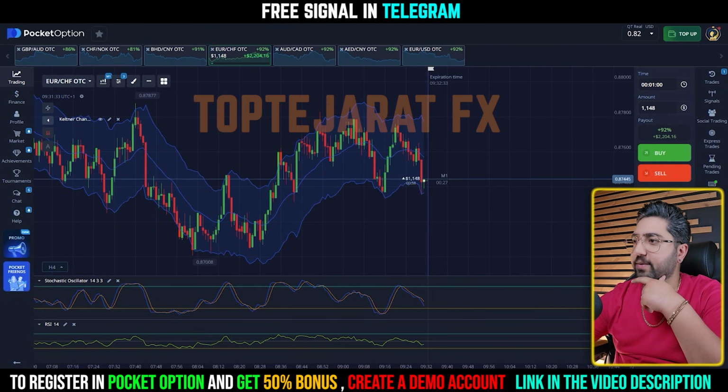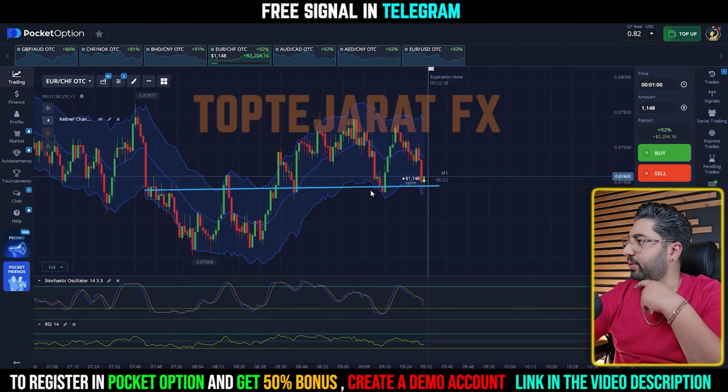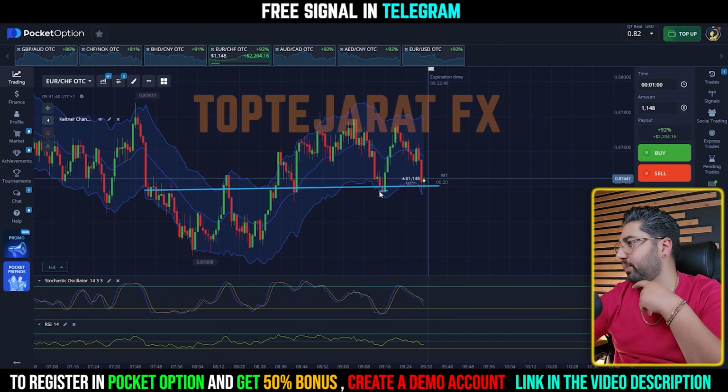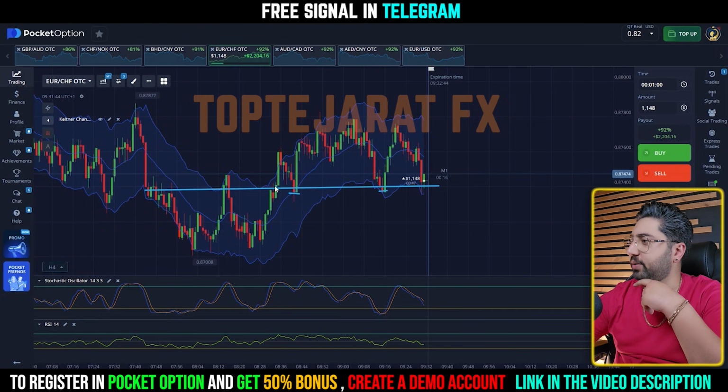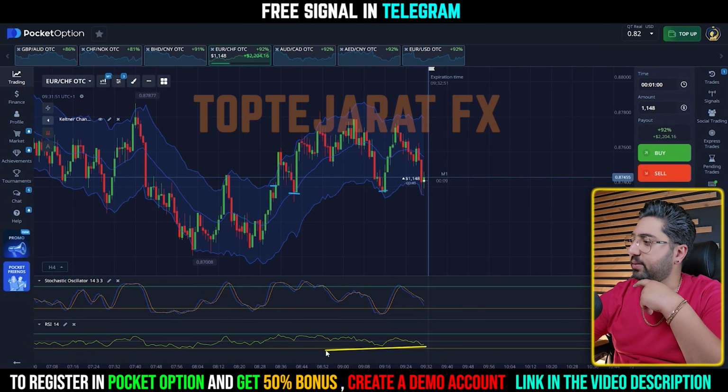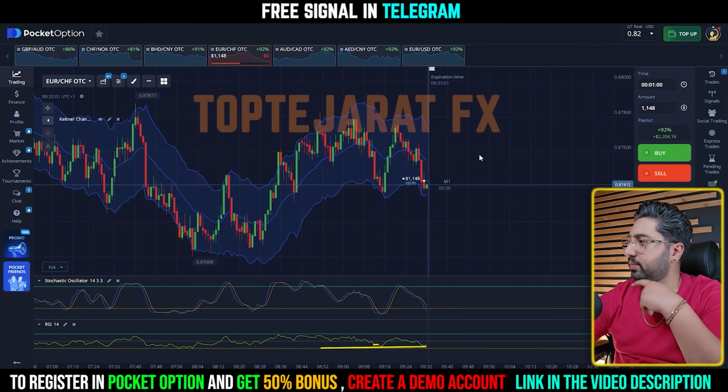In this point, the path of the market, we have 2 touches here, 2 touches here, and 3 touches here. Enough. We receive a signal in the RSI, break of the green line, and confirmation of the path of the market. Look at this, touch here. So this market moves up.